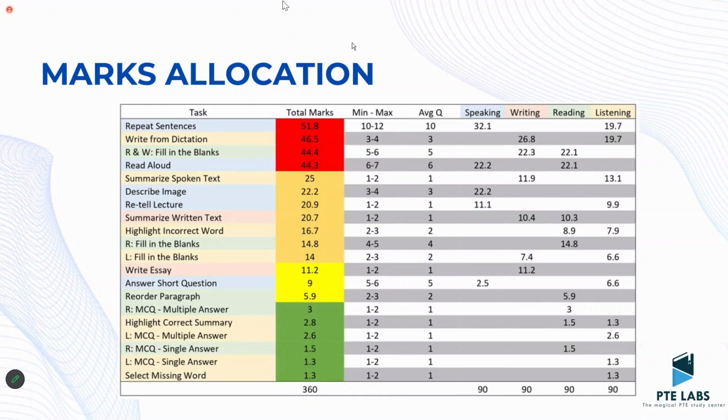In the yellow zone, it's a very average amount of marks. And in the green zone, you have a very small amount of marks. The reason we have this color division is for you to realize that these components have a big weightage, so you can understand the priority level when you do each question, right?